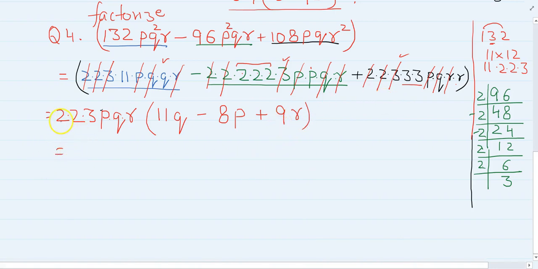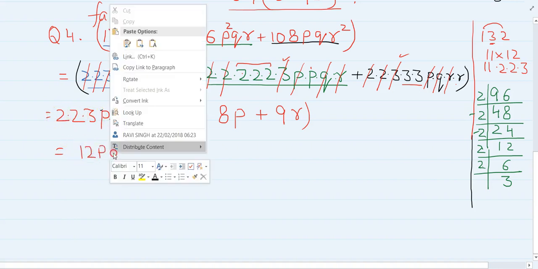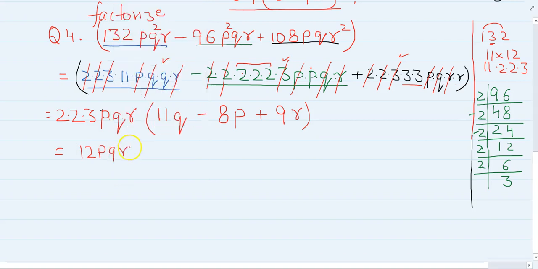So it will be, that is 6 times 2 is 12pqr. 12pqr(11q - 8p + 9r). And that is the factorization of our question number 4.